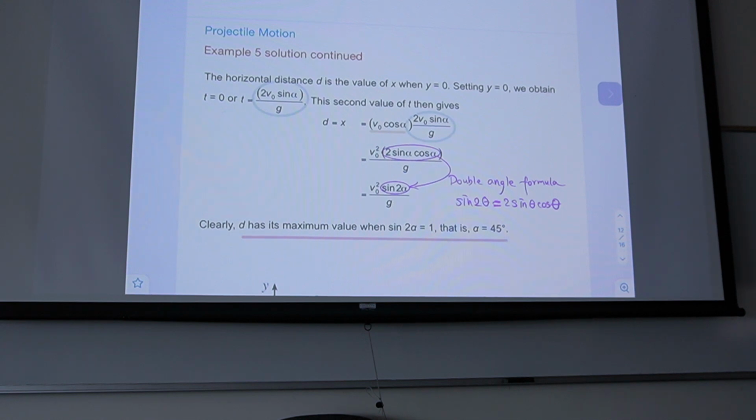So next time when you try to throw a ball, try to aim it so the angle is 45 degrees. It's going to reach the maximum span, the furthest. I don't know if every football player knows that, but anyway, if you neglect the air resistance.